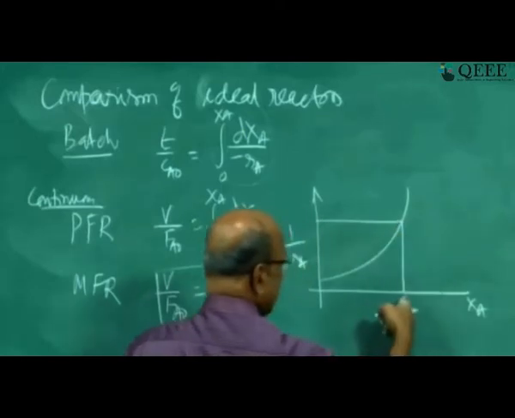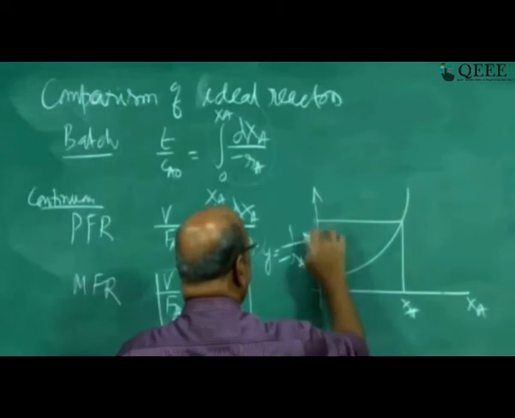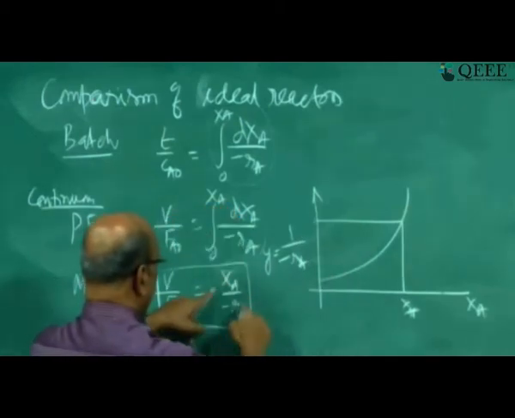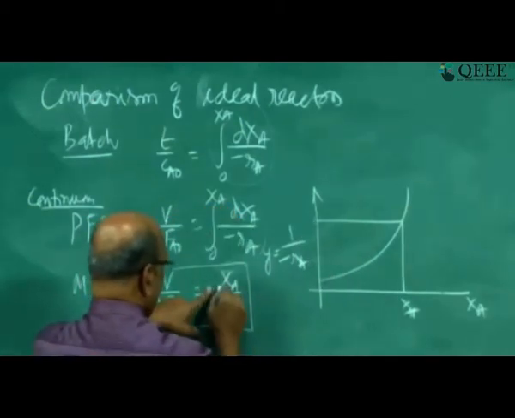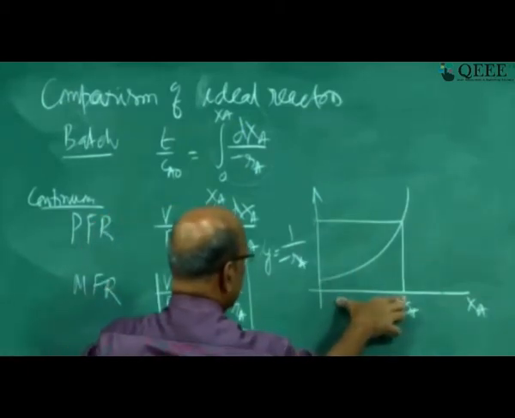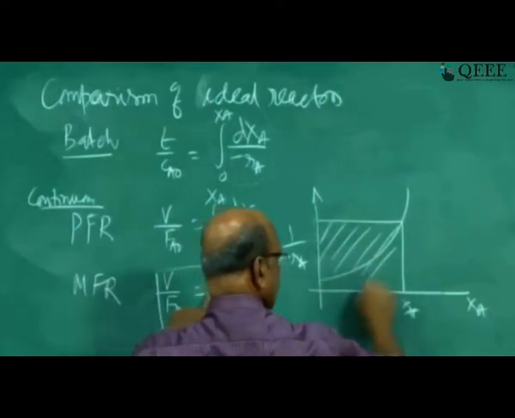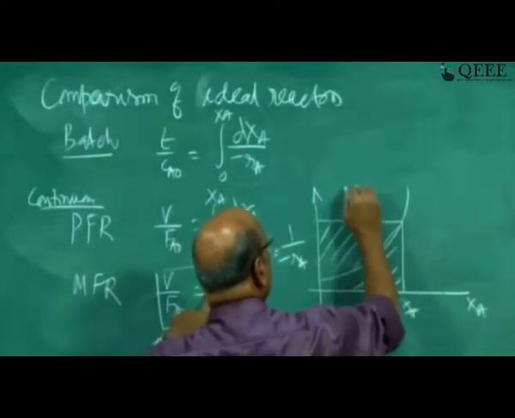It depends on how much conversion you take. So now this is a rectangle area, because this is 1 by minus RA as Y and Y into XA. So this total area will be V by FA naught.